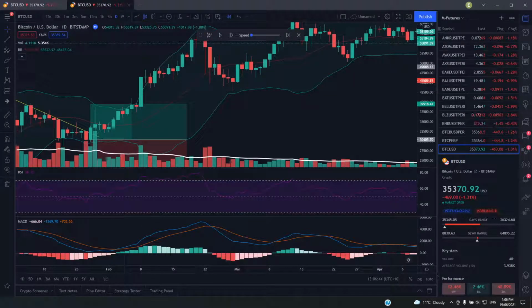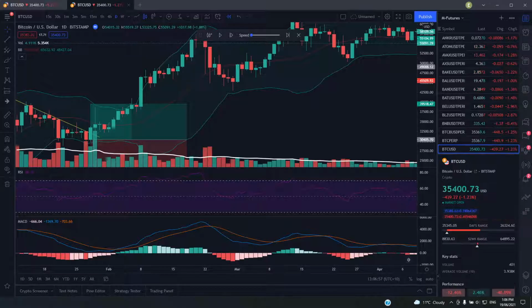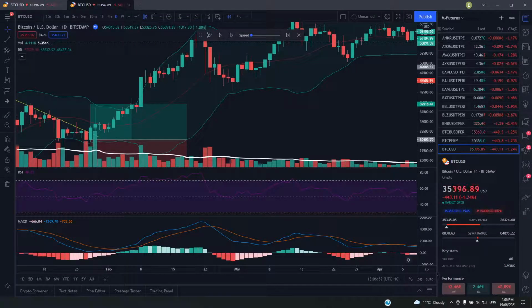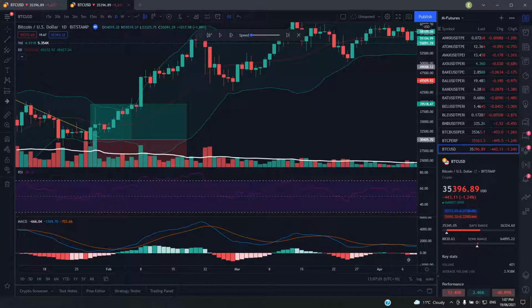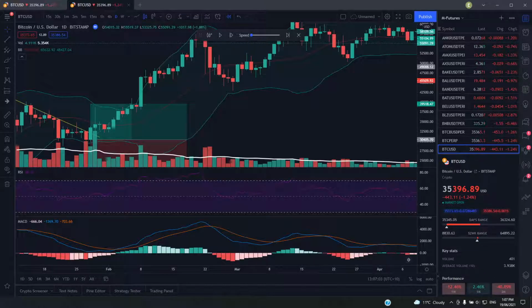So 3, if we see price close outside of the Bollinger Band, this is a continuation pattern of the current trade. Stay in trade.